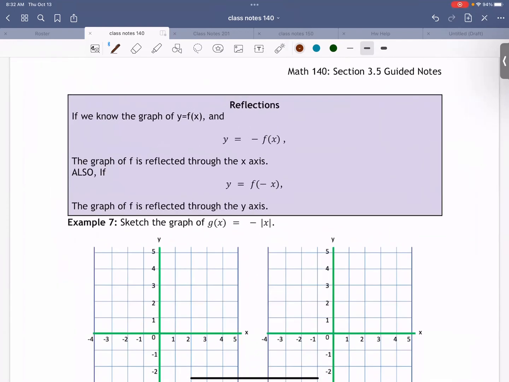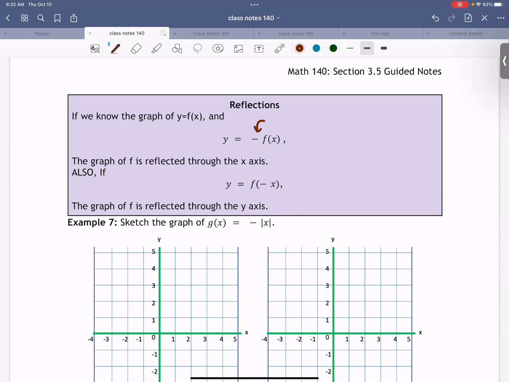Okay. Next, let's work with reflections. There are actually 2 types of reflections. There is a reflection about the x-axis and then a reflection about the y-axis. Very slight difference between the 2. Reflections happen when we have a negative sign floating around. The negative sign can either float outside the function, so it can be attached to the entire function, like negative x squared or negative 1 over x.